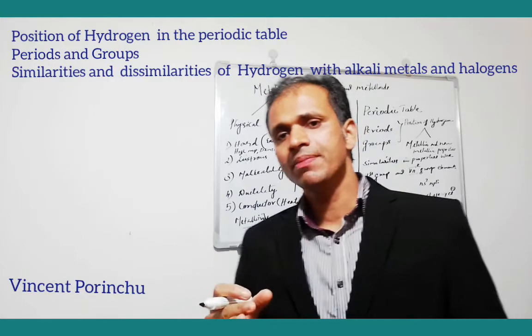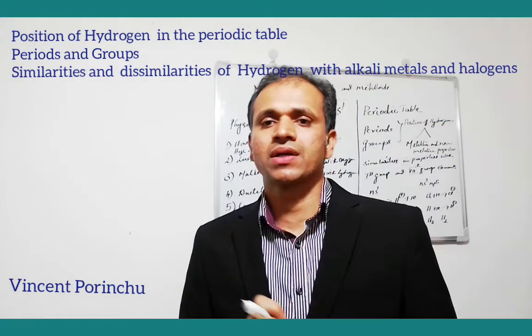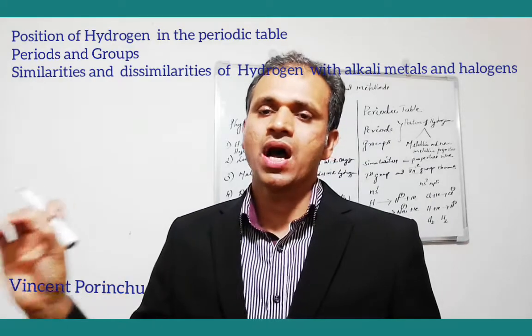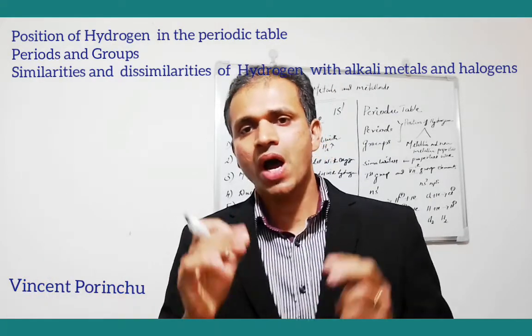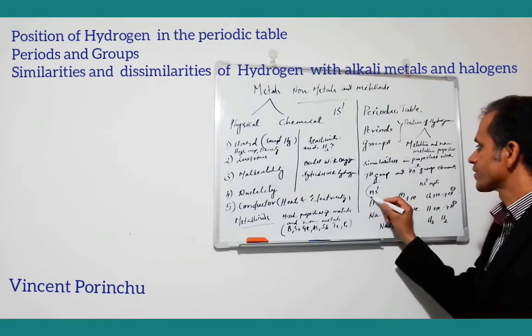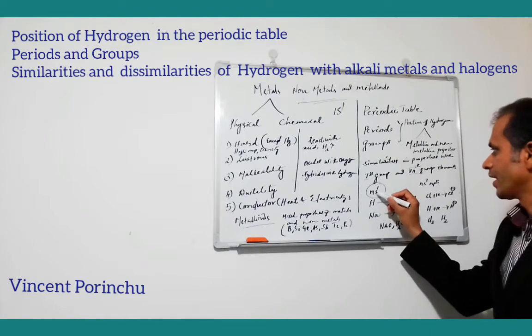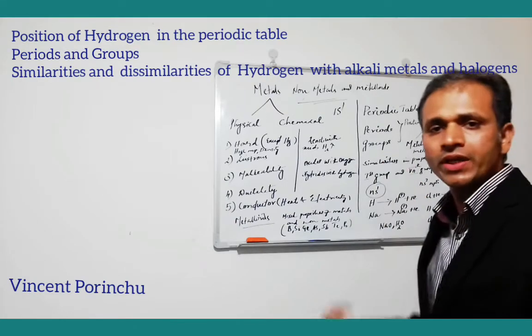All the alkali metals have one electron in their outermost shell. So alkali metals have the general electronic configuration ns1. That is why they are in the first group of the periodic table.